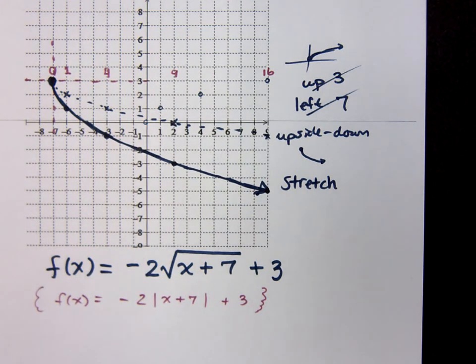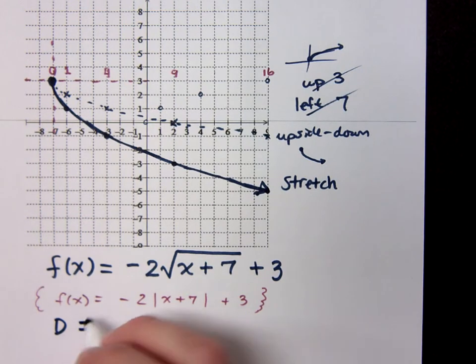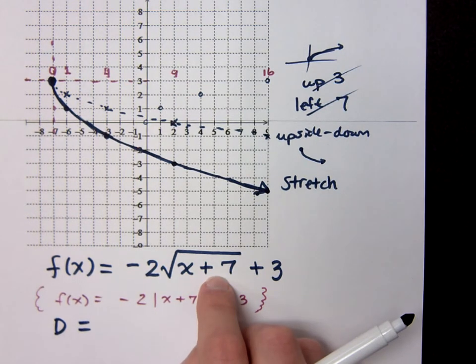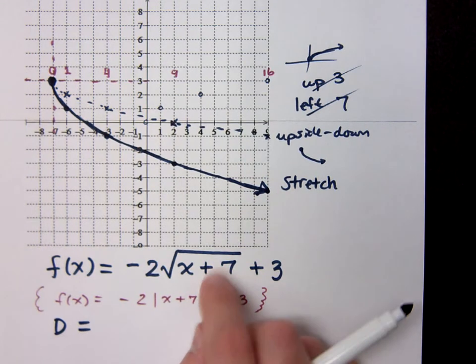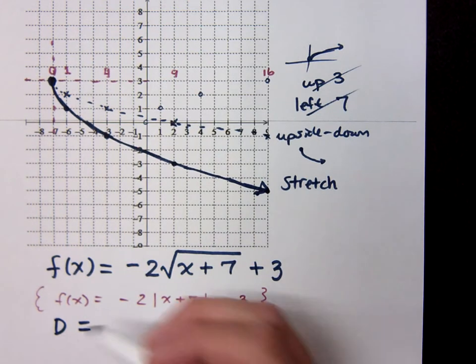Now my question to you is, what is the domain? Since I had stuff on the inside, remember I had over? The D for I had meant domain. I can affect the domain. And since I shifted to the left, I did affect my domain. So what is it now? Negative 7 to infinity.